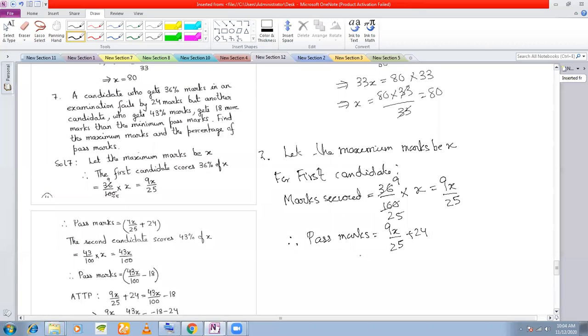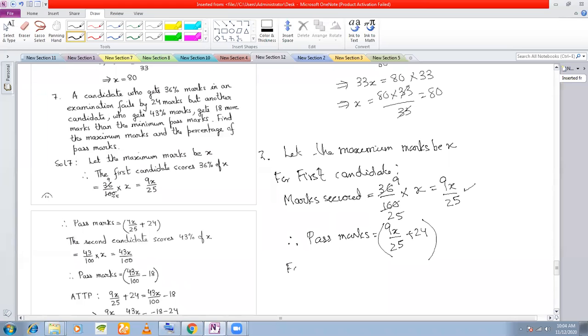Suppose in a certain paper, you got 26 and I tell you that you have failed by 14 marks. So what should be the pass marks? It should be 26 plus 14 equal to 40. So similarly, he got 9x by 25 marks and he's failing by 24 marks. That means that pass marks should be this.